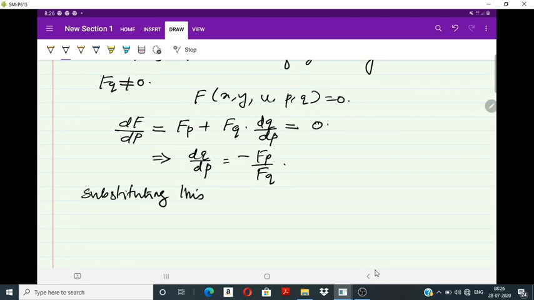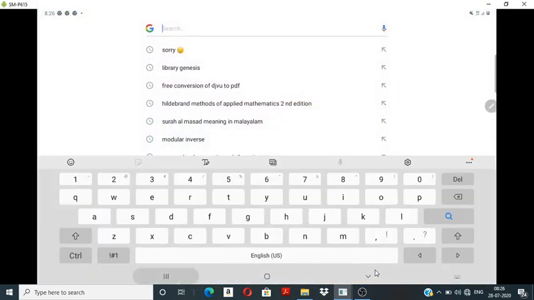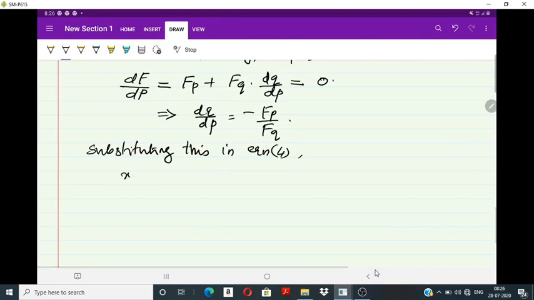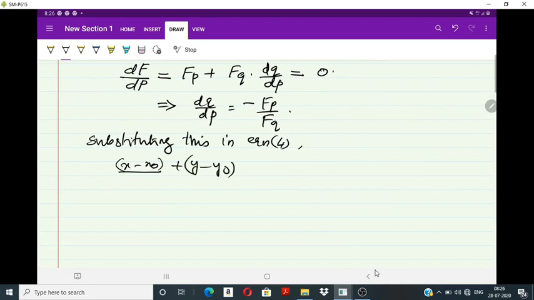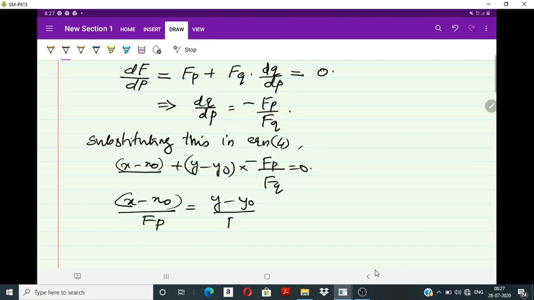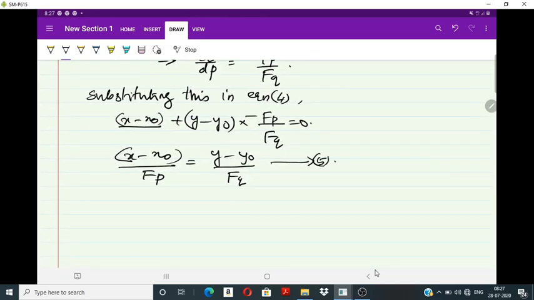What was equation 4? x minus x naught plus y minus y naught into dq by dp, that is minus fp by fq, equal to 0, or x minus x naught by fp equal to y minus y naught by fq. Let this be equation number 5.